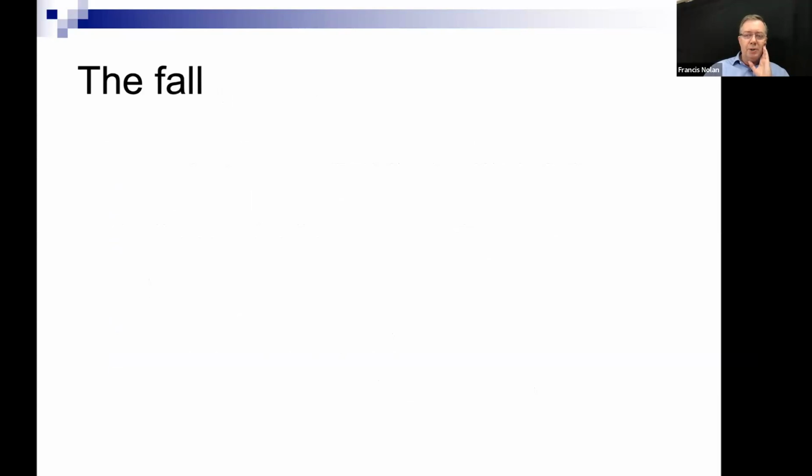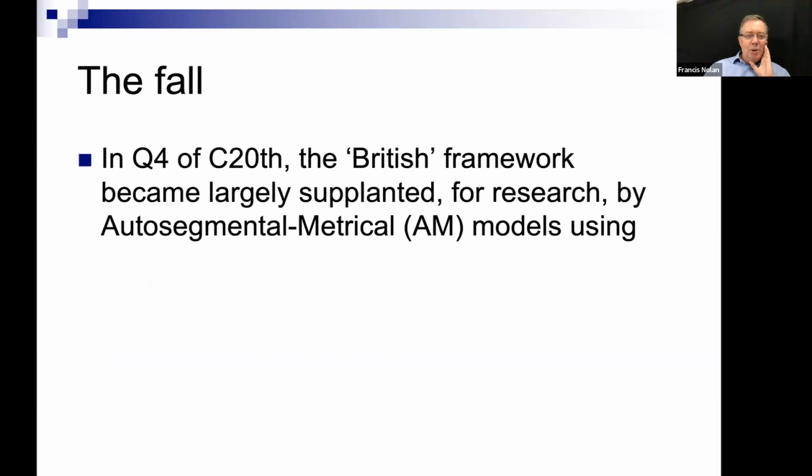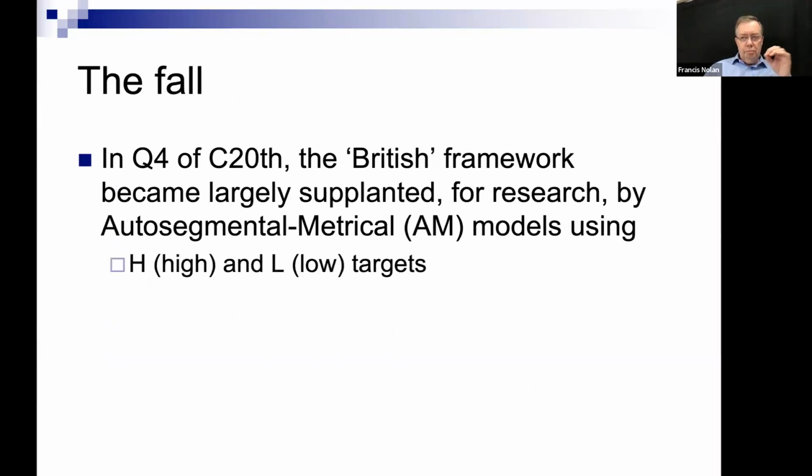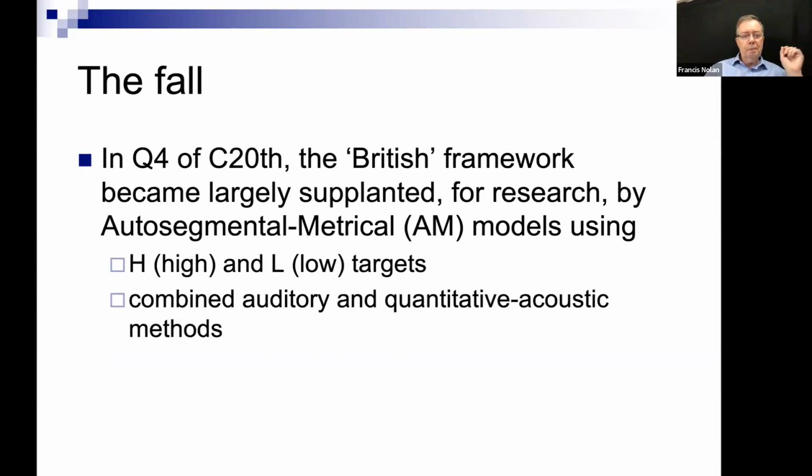So that's the rise. What about the fall of the British school? Well, in the last quarter of the 20th century, it became largely supplanted, at least for research, by autosegmental metrical models, using not pitch glides, rises and falls, but pitch targets, high and low, sometimes mid, but usually not.